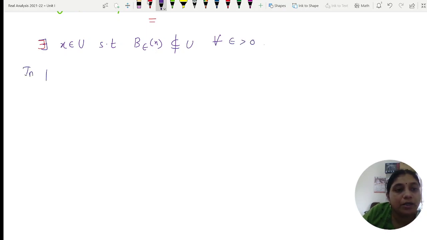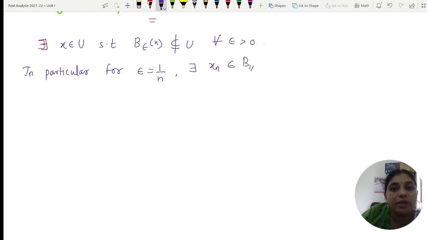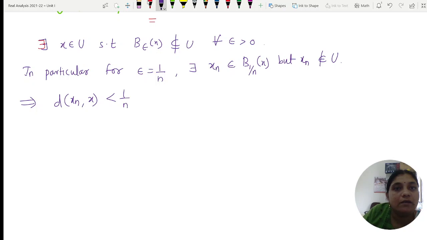So in particular, for epsilon equal to 1 by n, there exists xn belonging to B 1 by n of x, but xn does not belong to U, right? So this implies the distance between xn and x is strictly less than 1 by n.